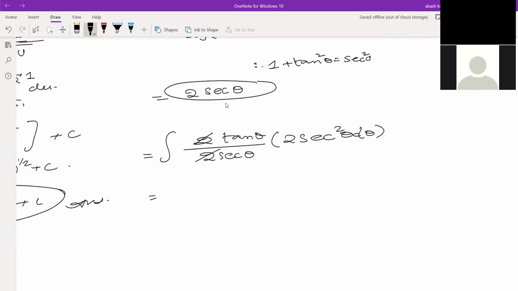Two is cancelled out with 2. Sec theta is cancelled out with one of the sec theta. So 2 tan theta sec theta d theta.